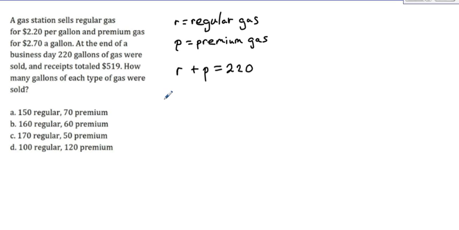So I'm going to multiply the amount for a gallon of regular by R plus the amount for a gallon of premium by P. This is the amount made from regular, this is the amount made from premium, and this has to add up to $519.